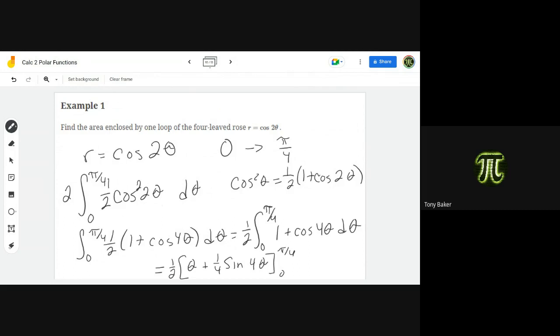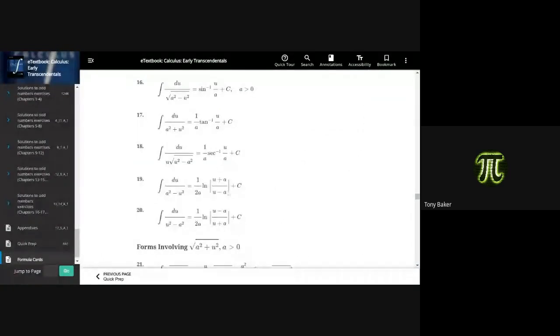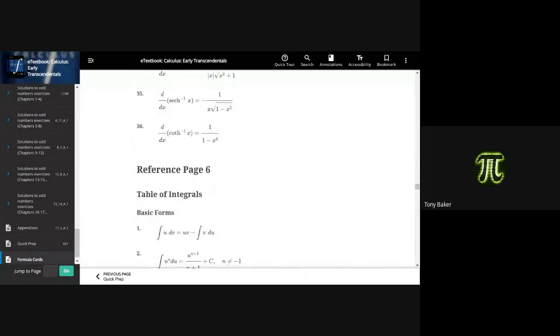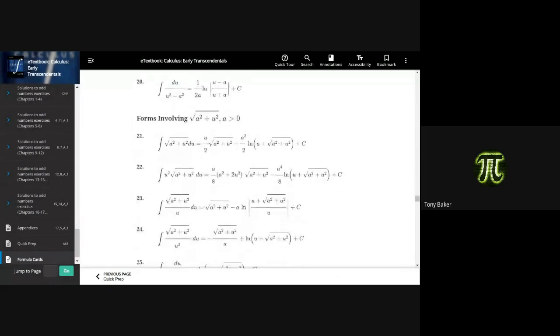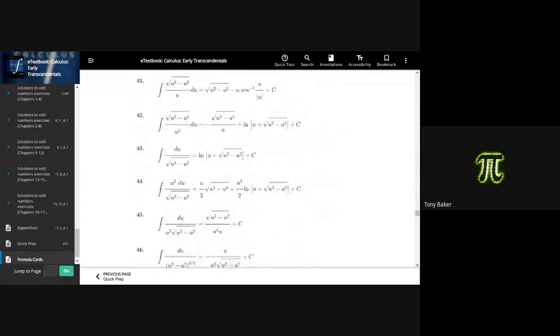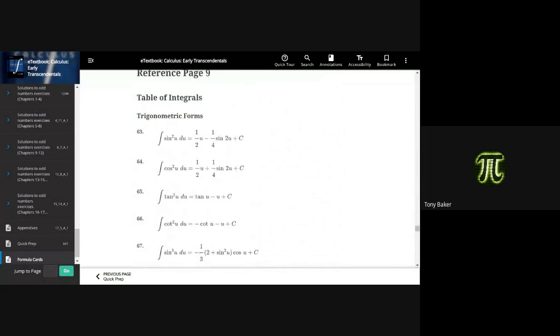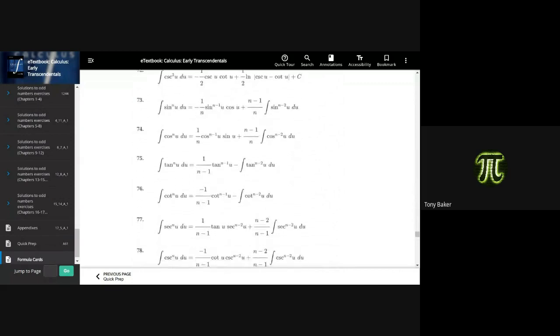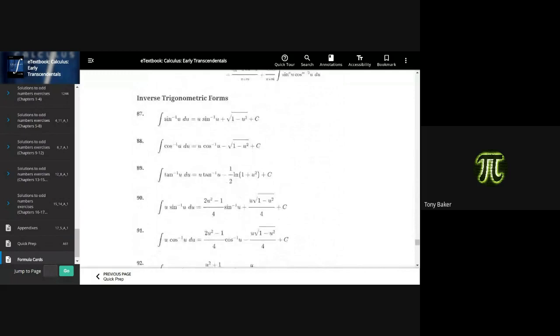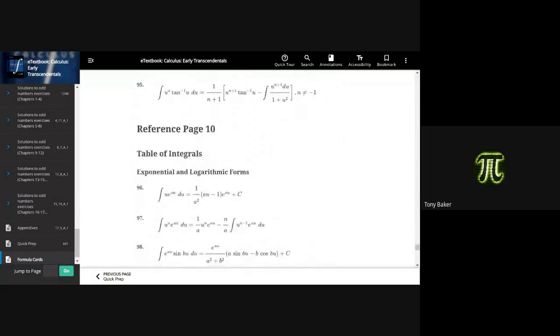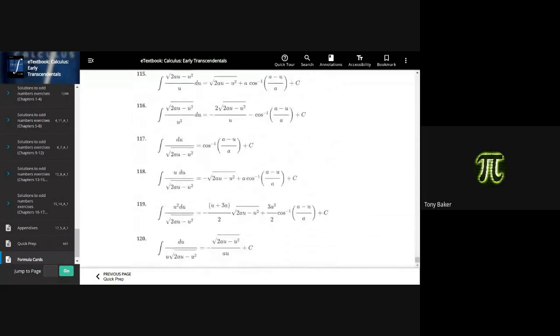Yeah, here. Let's go back. Here's the trig rules. Here's all the trig ones. Here's the inverse trig ones. There's the exponential logarithm ones. So up to 120 different integrals they give you in the back of the book.